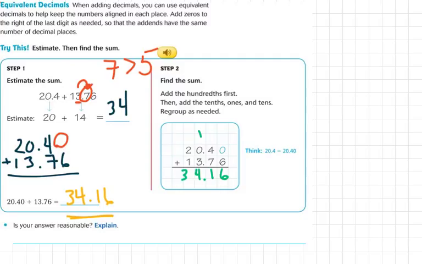What we can say is, yes, it is, because 34 and 16 hundredths is close to 34.